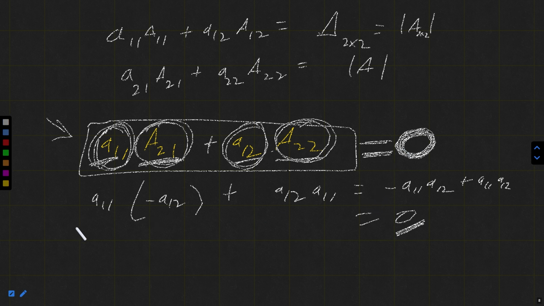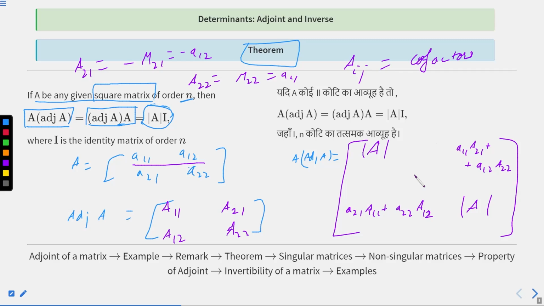Clear? So this will be 0. Using the same remark, this will also be 0.